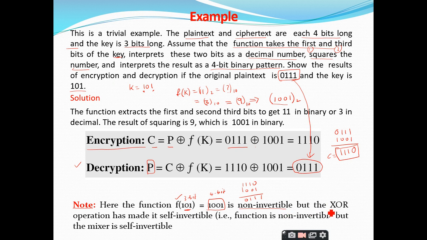But what we are doing here is making use of an XOR operation which is making this self-invertible. So the function is non-invertible, but the mixer itself is self-invertible. So we can make use of these XOR operations to achieve the concept of invertibility. Why? Because the XOR and swap operations are by default self-invertible. Clear?